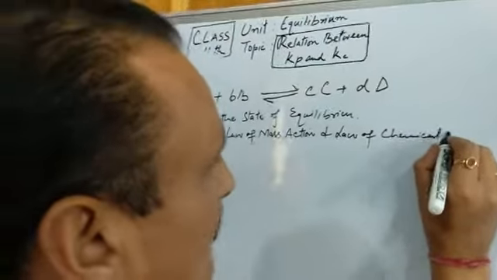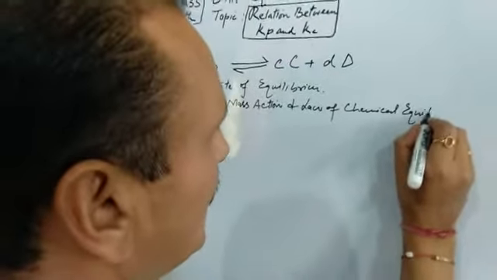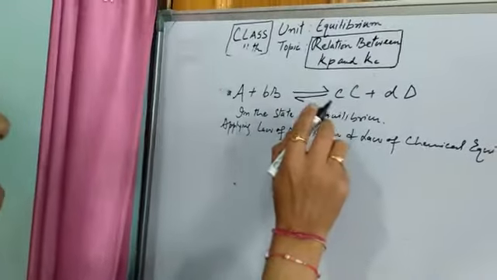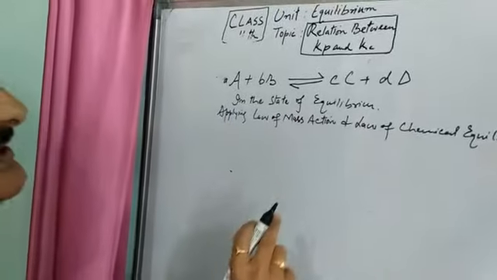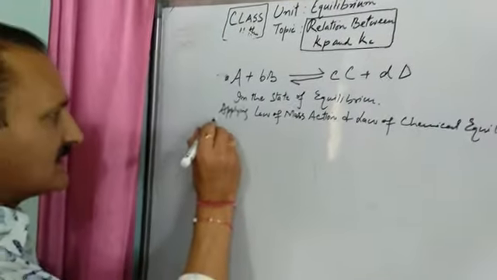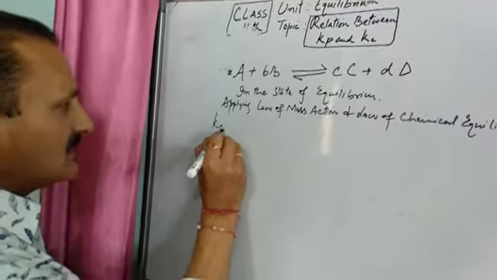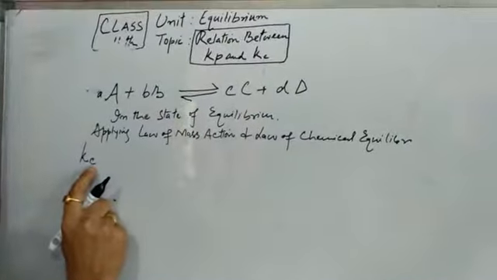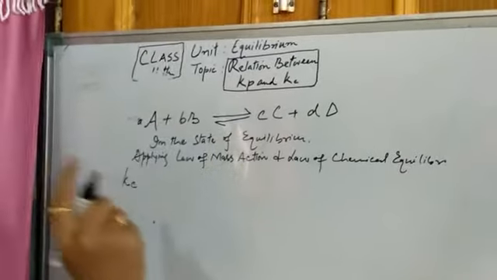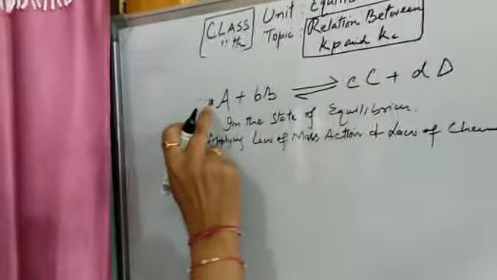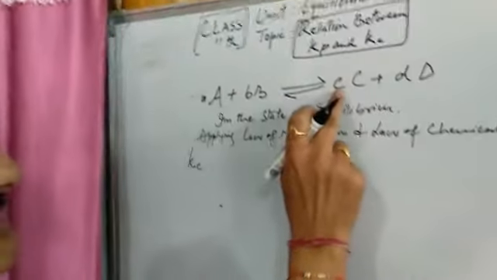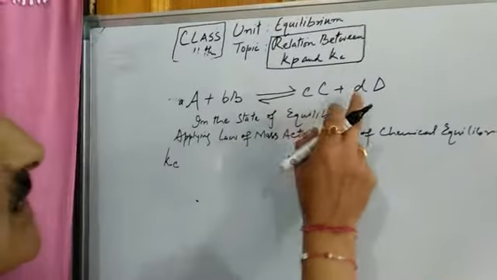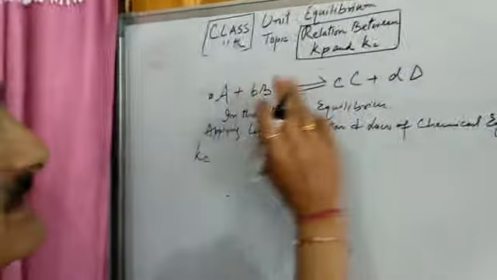When we apply these two laws to this reversible chemical equation in the state of equilibrium, we get Kc. K means equilibrium constant when we take into consideration the concentration of reactants and products. Now here we will see a, b, small c, small d. These small letters are stoichiometric coefficients of reactants and products.